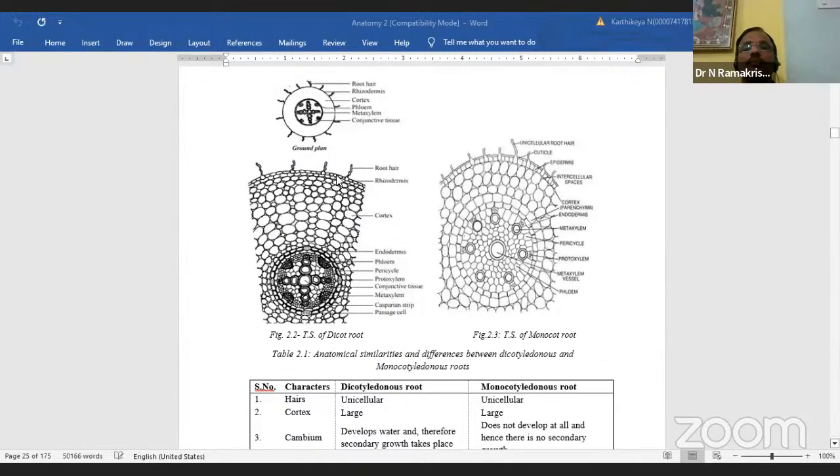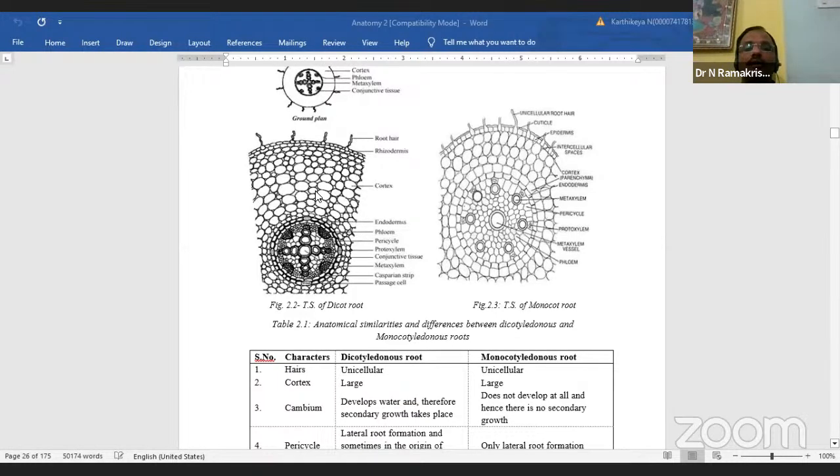The first common point is the epidermis, in the dicot root system, the outer layer. These epidermal cells give rise to root hair-like structures. Next, this center part, the cursor is visible here.